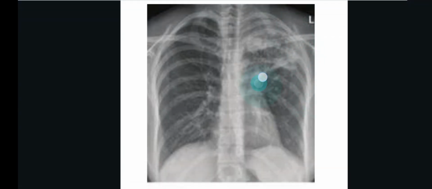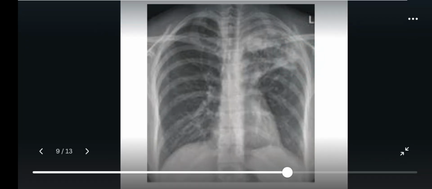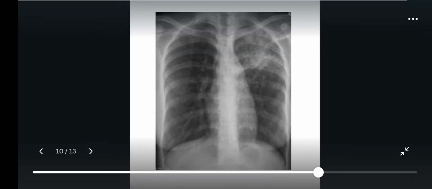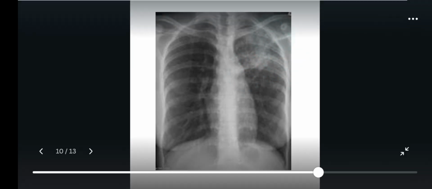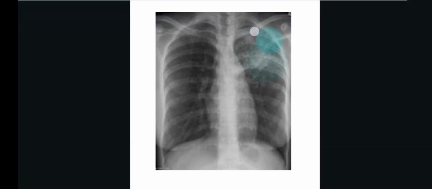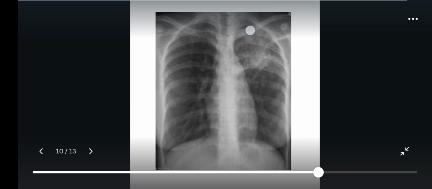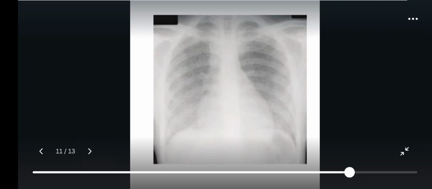So there is a remarkable volume loss. You see the horizontal fissure is being pulled up. And you see this one also, the same sign here. The horizontal fissure is being pulled up. So you see consolidation and a remarkable volume loss.